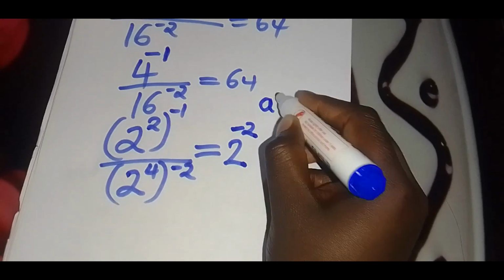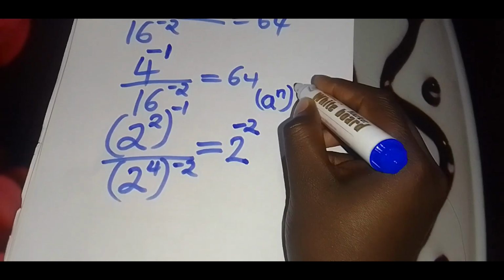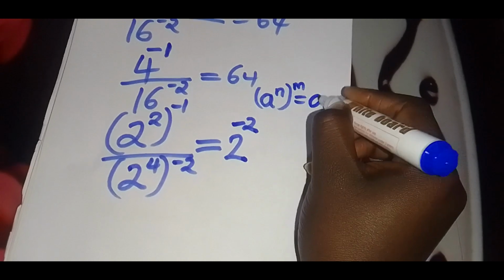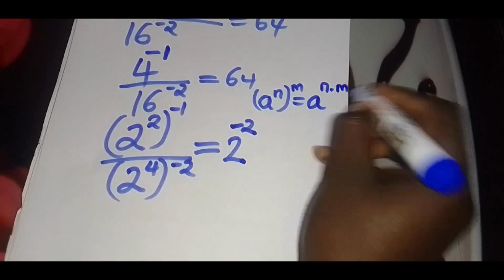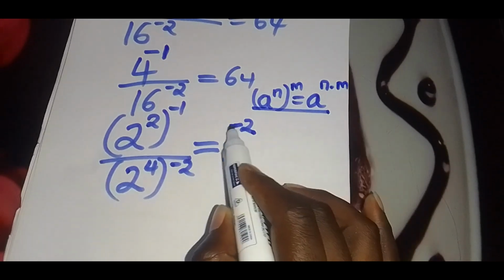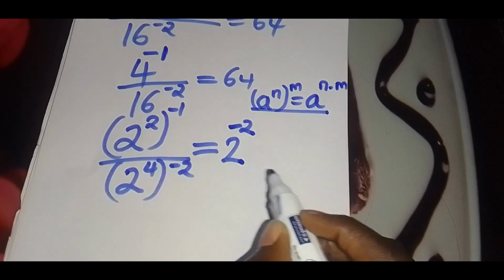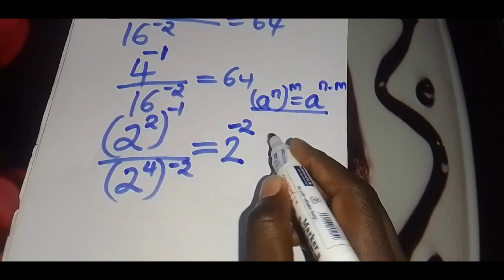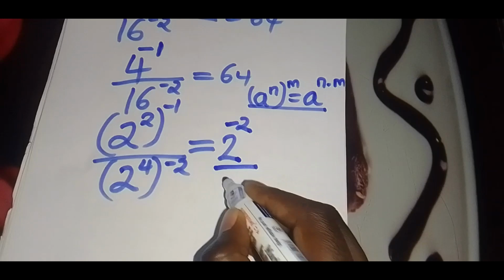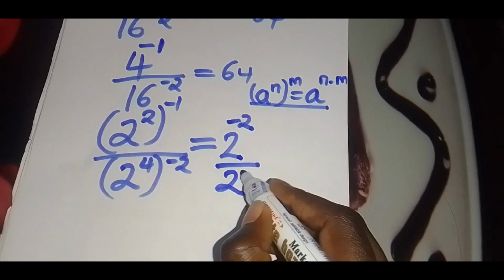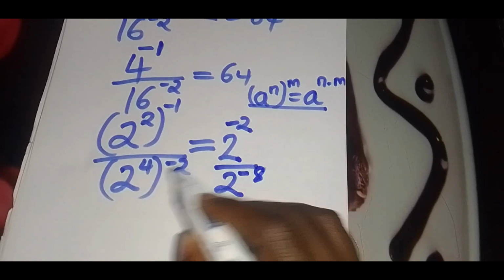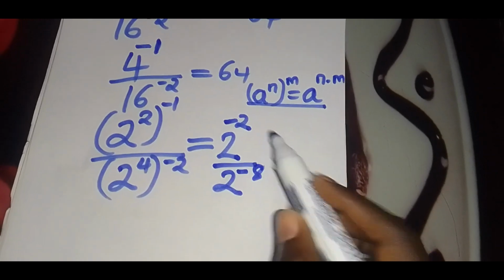Remember, if you say a raised to power n, raised to power m, this can be expressed as a raised to power n multiplying by m. So that's why we arrive at 2 raised to power negative 2. Again, this is divided by 2 raised to power negative 8. That is 4 times negative 2, which is negative 8.